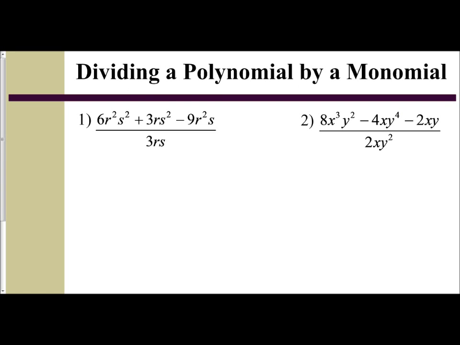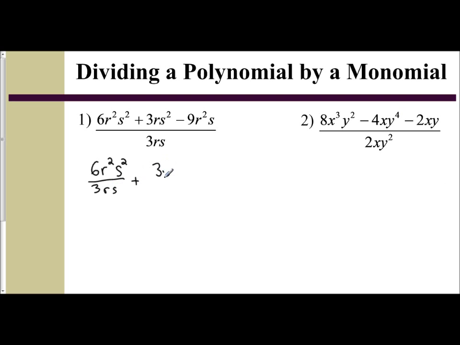And so what this means is if you're taking 6r squared s squared plus 3rs squared minus 9r squared s and dividing by 3rs, the whole polynomial is divided by 3rs, which means each term is being divided by 3rs.